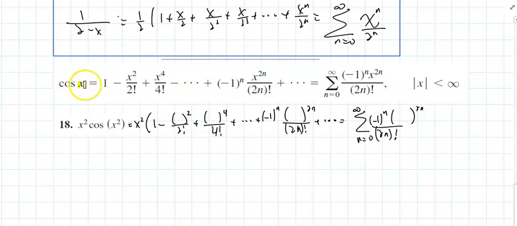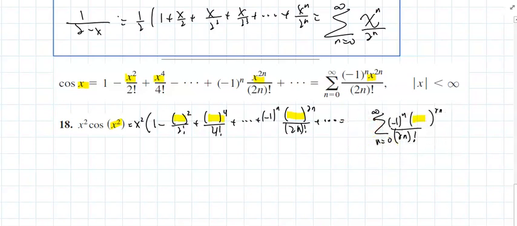So basically, this is the only varying value. Basically, if I'm multiplying this by x squared, I would just multiply this by x squared. And this would be, let's see, what's taking the place of x? It's x squared.